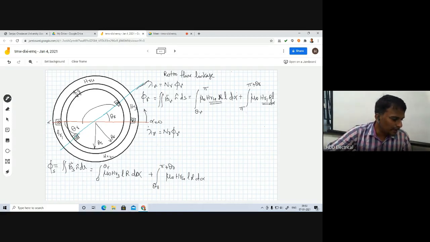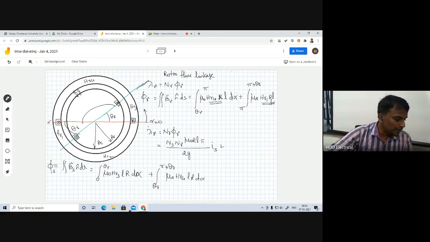So if you write it, we can have this equation: ns nr mu naught RL pi divided by 2G into IS, plus NS NR, then NR square mu naught RL pi divided by 2G into IR.